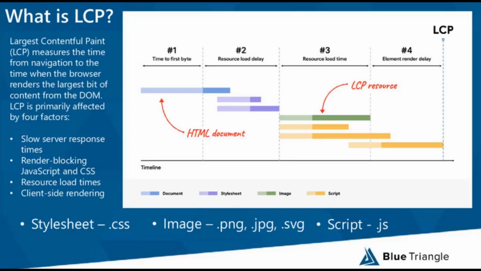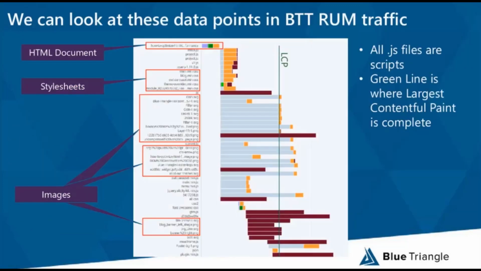So in every example, you want to know which of your images are your LCP, and then figure out which of your JavaScript is loading the LCP. Once that JavaScript is loaded, that's where this line will take place, and everything else can load afterwards. So other images can load in afterwards effectively.